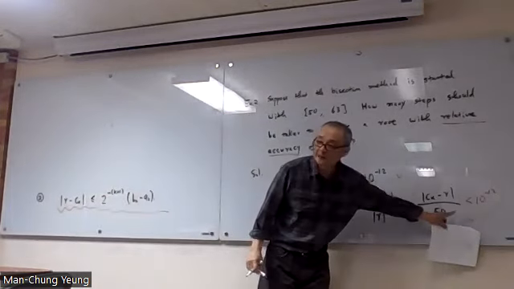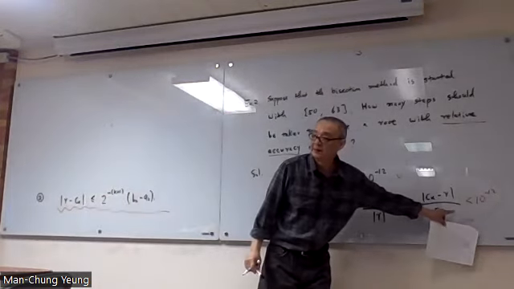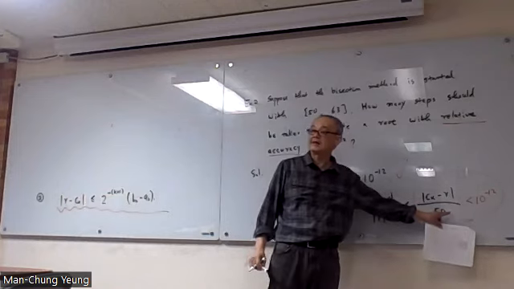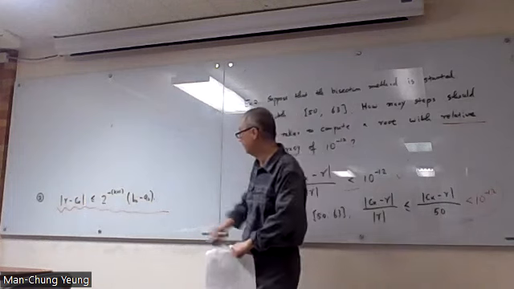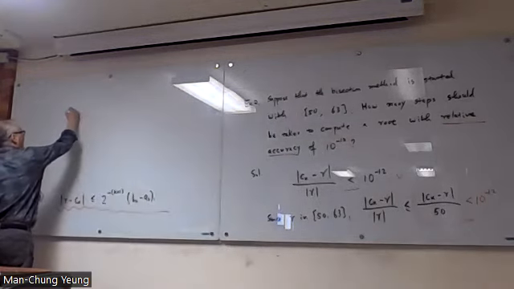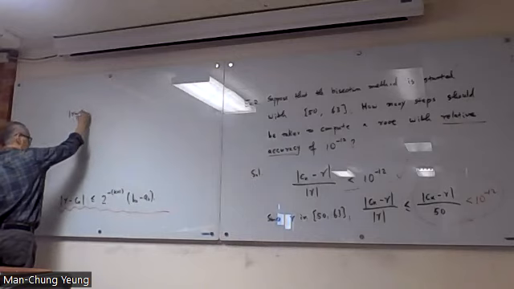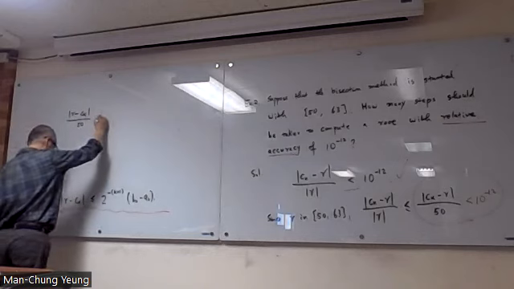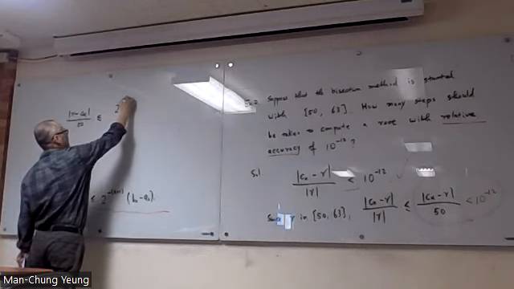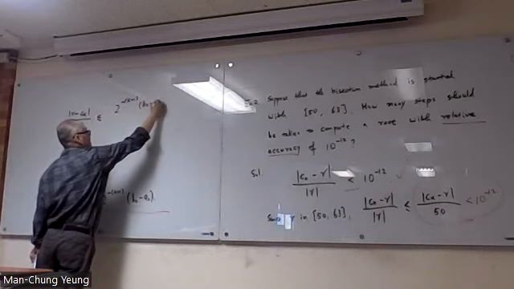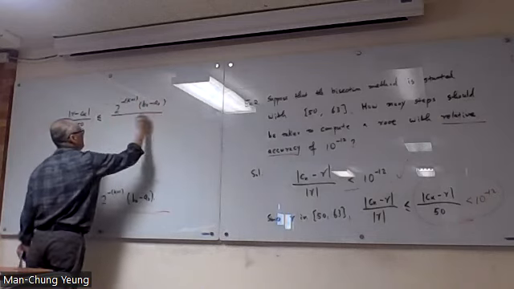I want to solve this inequality for K, but it's not solvable, because I don't know CK. But let me use this: R minus CK over 50 is less than or equal to 2 to the negative K plus 1, times B0 minus A0 over 50.